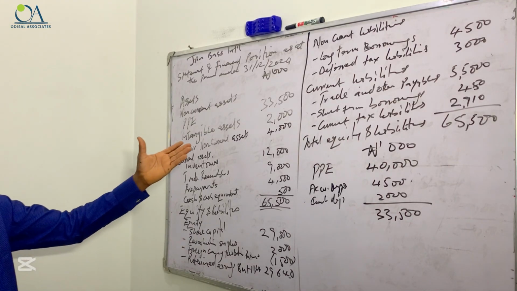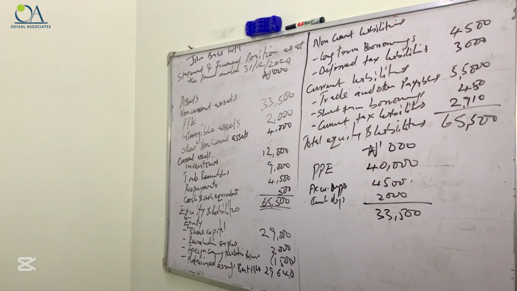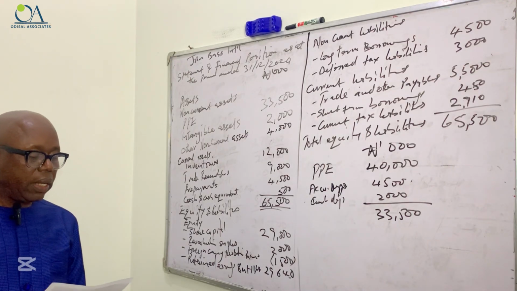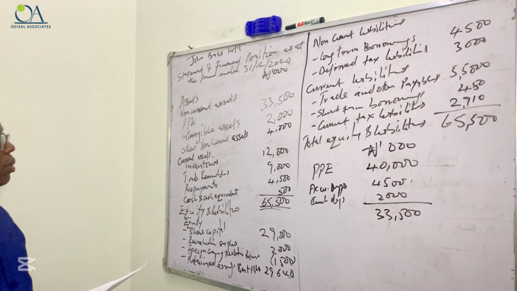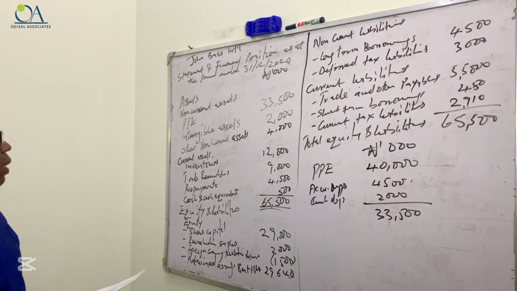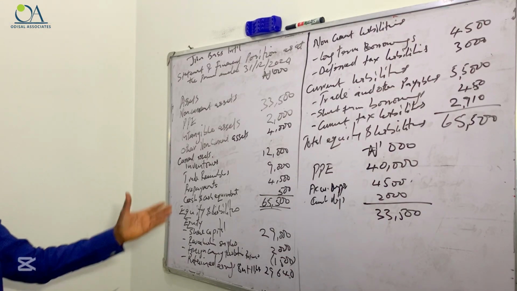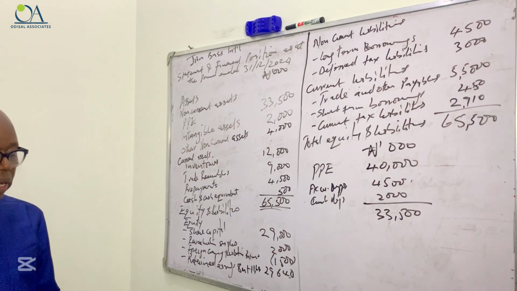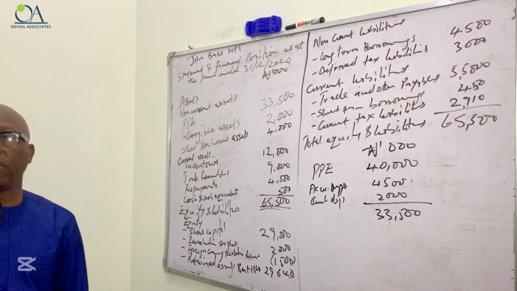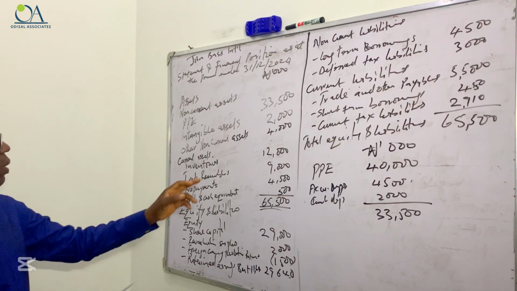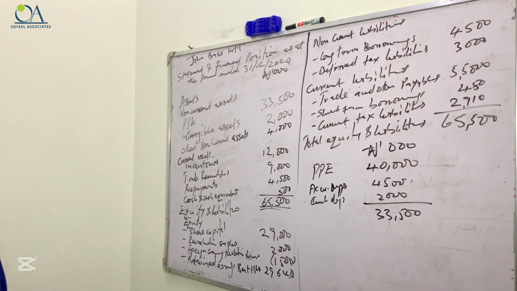Then we have intangible assets. In the trial balance, the intangible asset here is a franchise of 2 million naira. Franchise, intangible assets. And other non-current assets, as you see in the trial balance, long-term deposits of 4 million. That is what we are calling other non-current assets.